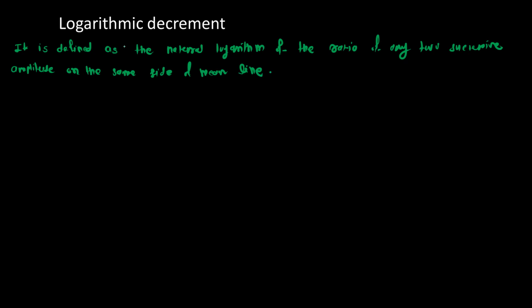Okay, so this is called the logarithmic decrement, which is defined as the natural logarithm of the ratio of any two successive amplitudes on the same side of the mean line. It is represented as delta.